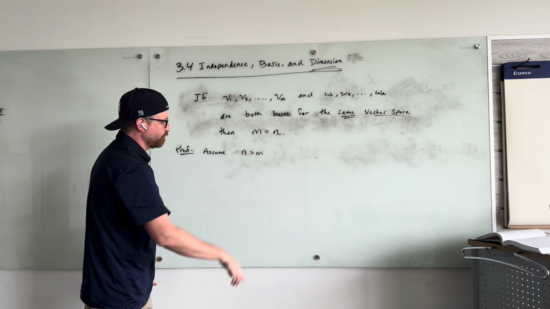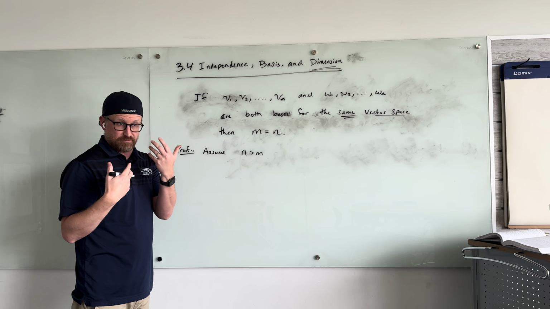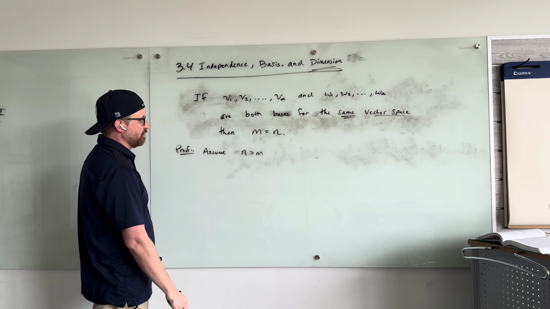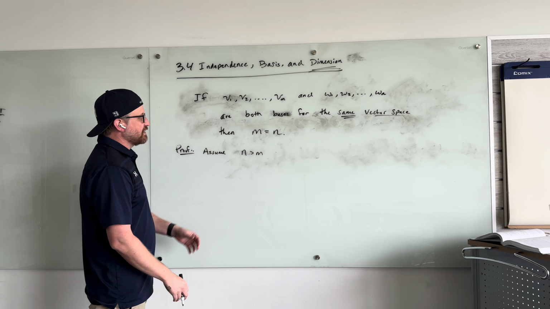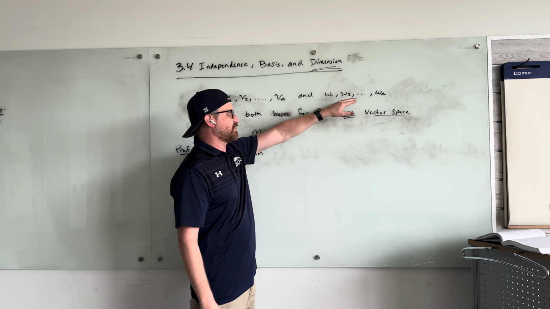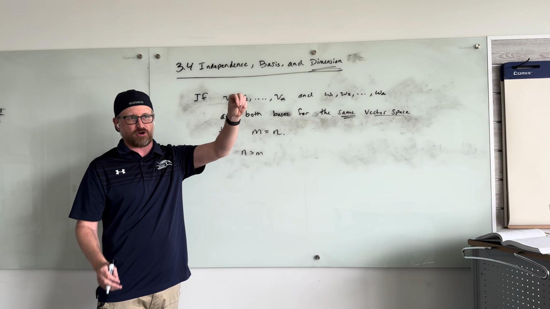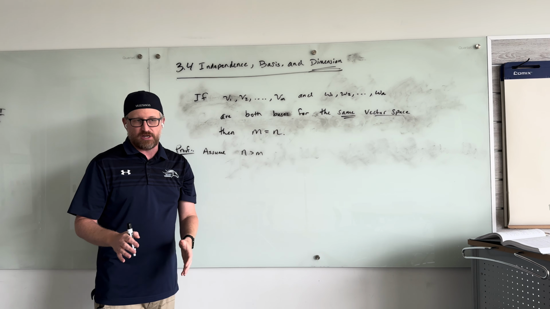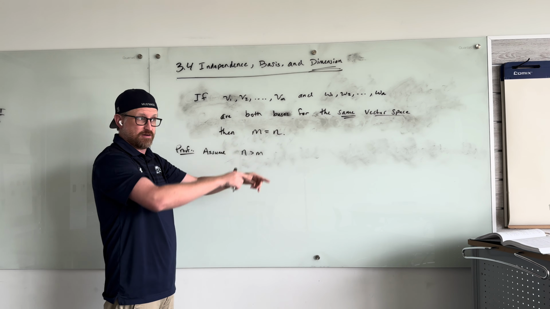Walking through the proof in my own words, hopefully it helps instead of reading the text. Because they're describing the same vector space, remember that every vector in the space has a unique combination of basis vectors that reach that point.